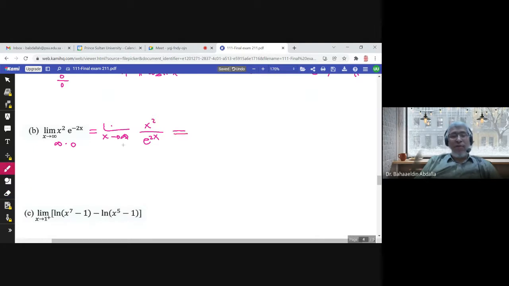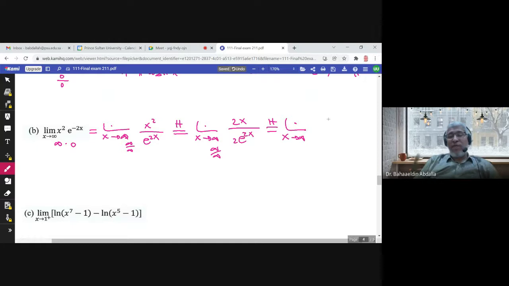So now if I replace x by infinity, I'll have infinity over infinity. So I can use L'Hopital's rule. Derivative of x squared is 2x. Derivative of e to the power 2x is e to the power 2x times 2. Replace x by infinity again, I'll have infinity over infinity. So I can use L'Hopital's rule again.